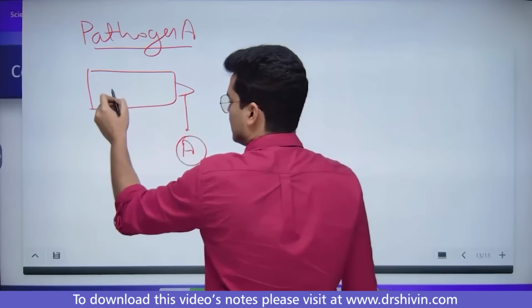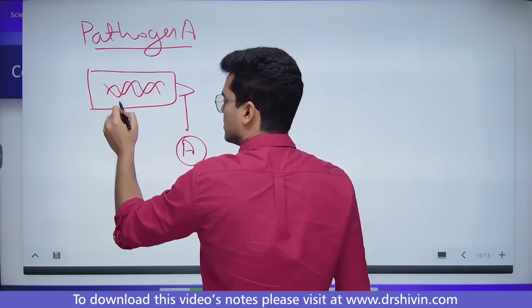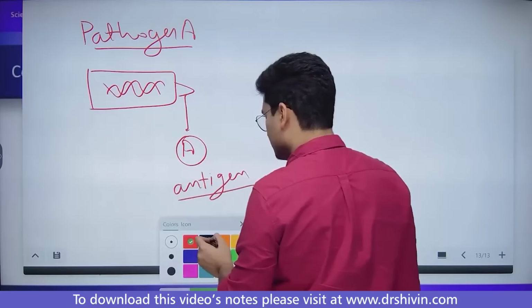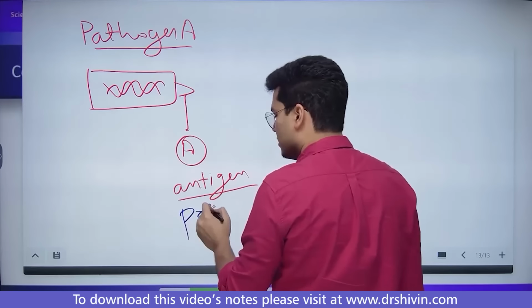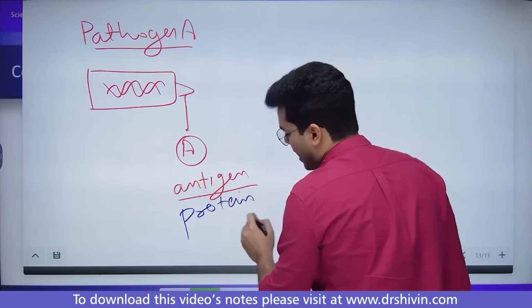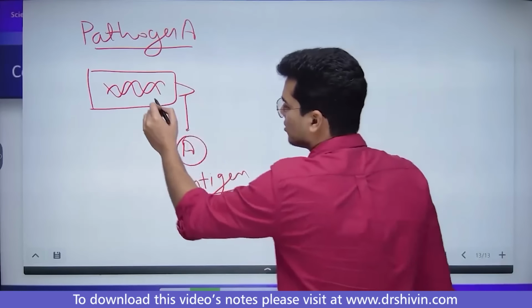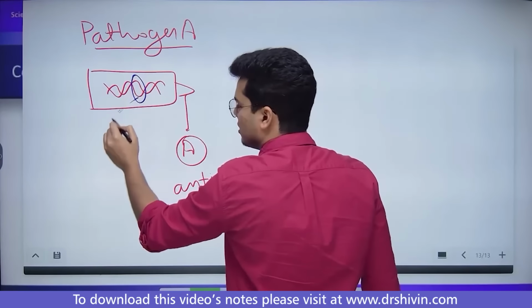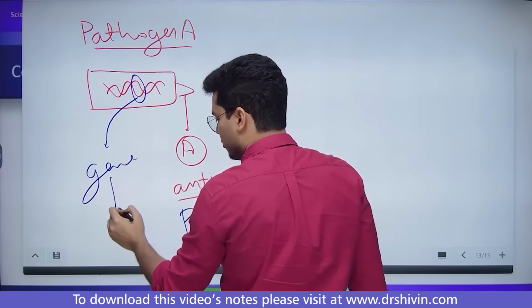This pathogen must have some part of its DNA coding for this antigen, because 99% of the time antigens are proteins. So in this pathogen, let's say this part of DNA is the gene that codes for this antigen.